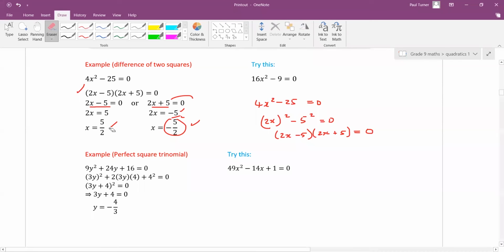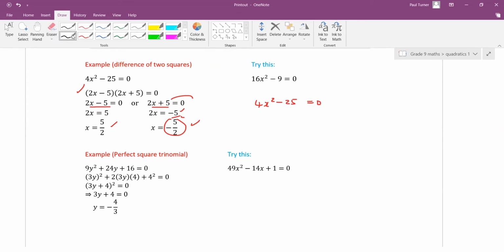All right, this is the factorizing method, but you can find x another way. I'll show you how to do that. If I just said solve, I wouldn't really care what method you use.